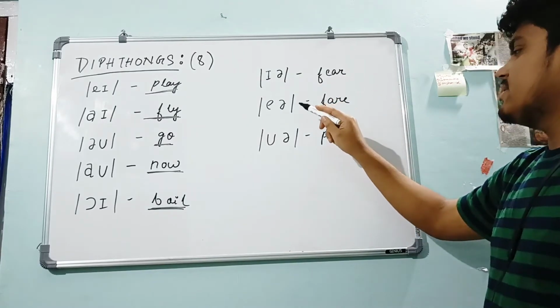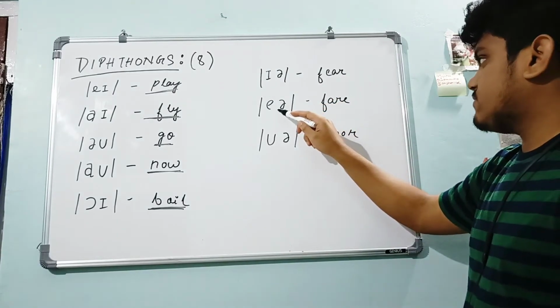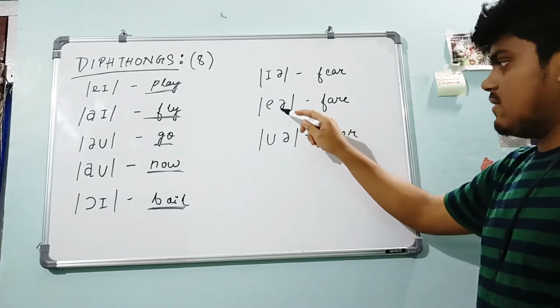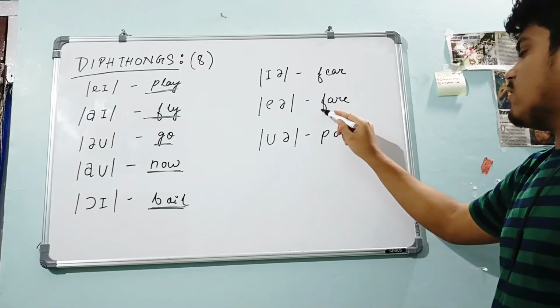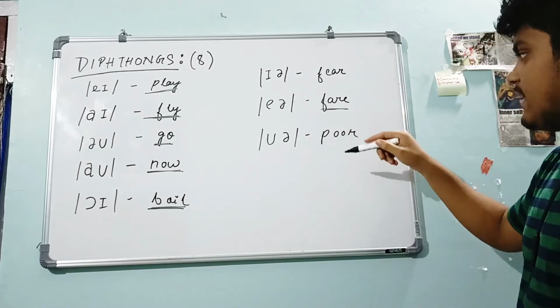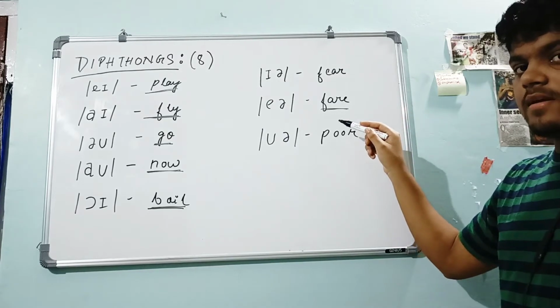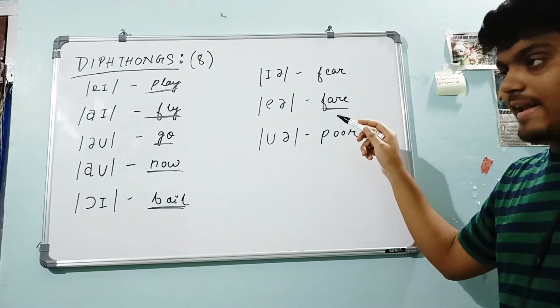Then comes air, represented by the word fair. Again we see the R sound is not pronounced in the standard form of English.